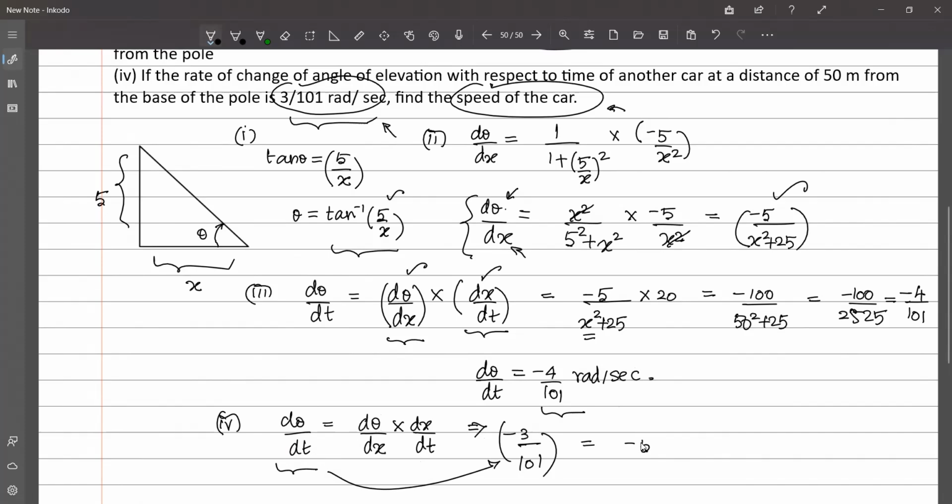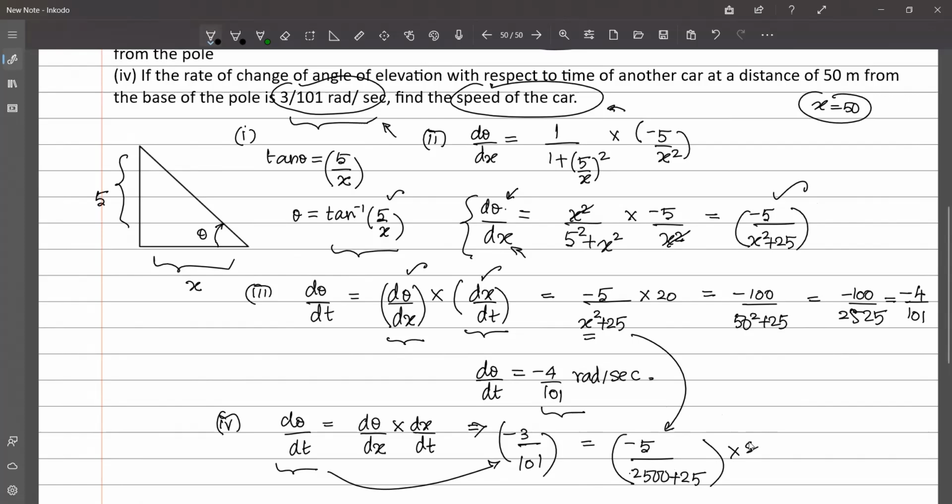That's minus 5 divided by x square plus 25, and x is the same as in the previous question, x is 50, so x square is 2500 plus 25. I'm using this same value of d theta by dx into dx by dt.